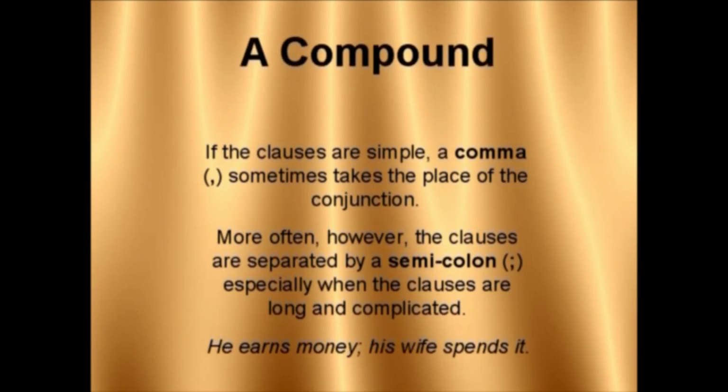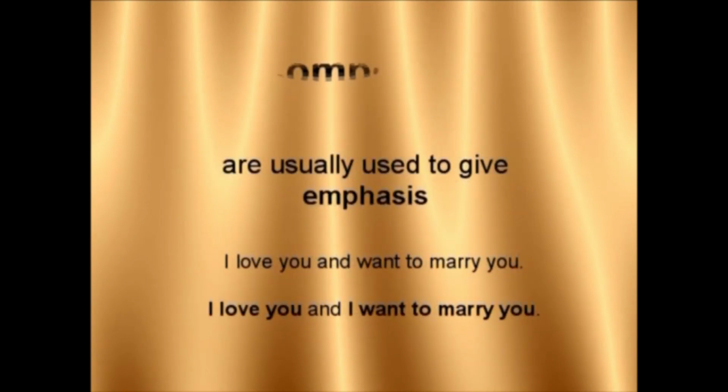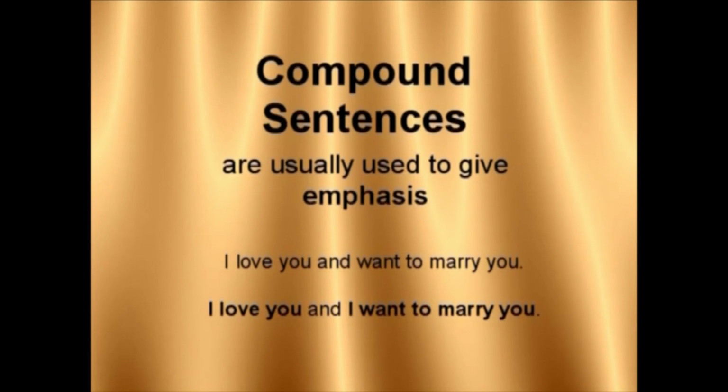If the clauses are simple, a comma sometimes takes the place of the conjunction. More often, however, the clauses are separated by a semicolon, especially when the clauses are long and complicated. He earns money. His wife spends it. Compound sentences are usually used to give emphasis. For example, one may say, I love you, and want to marry you.